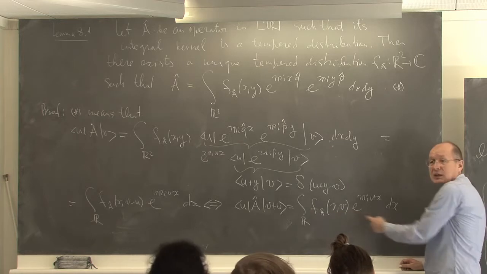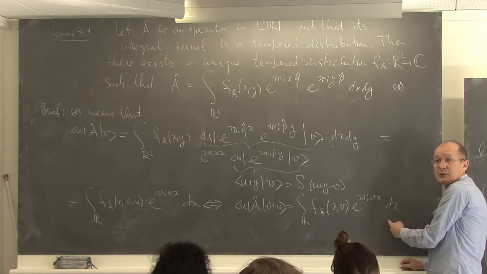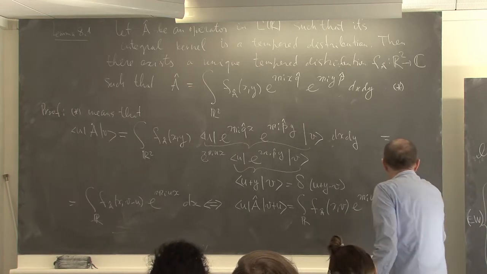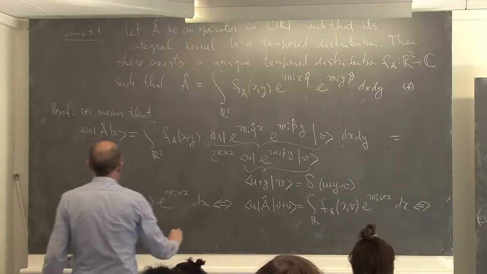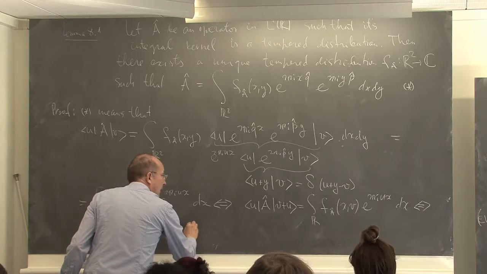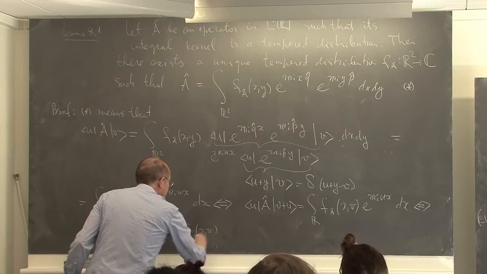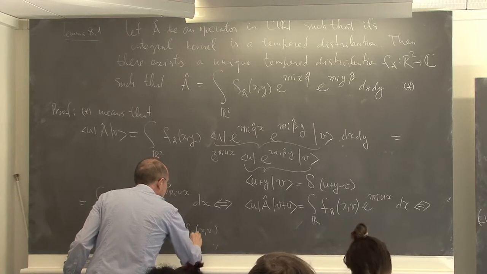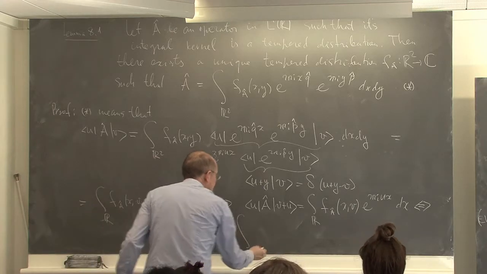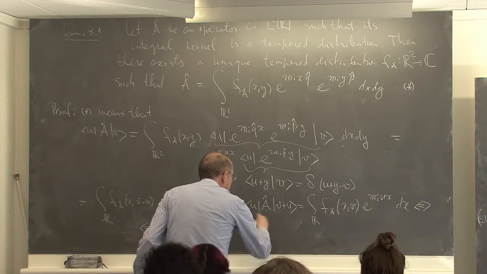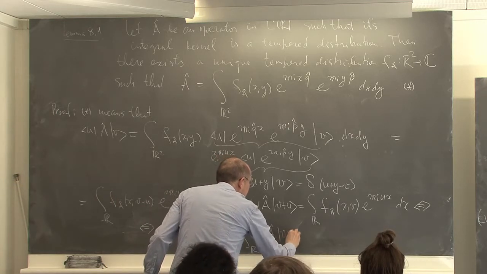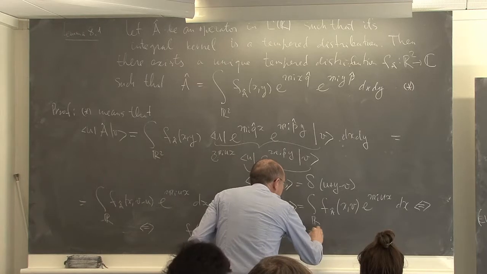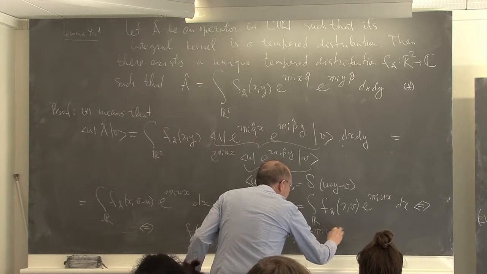So we can solve this by taking the inverse Fourier transform. So this is equivalent to f of x, v, a hat equal to the inverse Fourier transform. So we write this integral kernel a hat, v plus u, e^{-2πi u x} du.